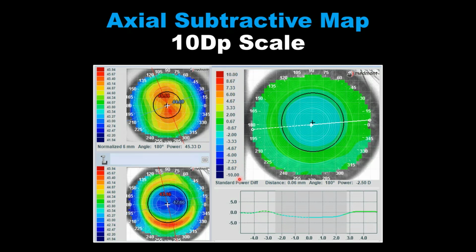Now, I should probably back up a little bit and explain that the subtractive map is the orthokeratologist's best friend. What it does is it compares before ortho K to after ortho K and gives you the subtracted difference. It subtracts all the thousands of points of data here from the thousands of points of data post-treatment and tells you how you have changed the eye.